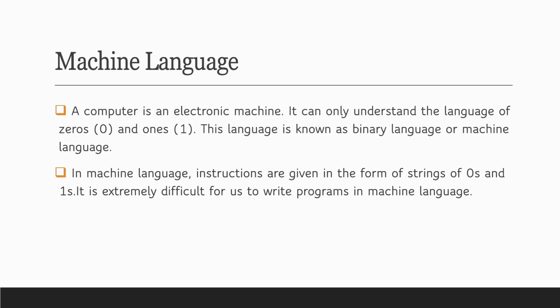Just think if you had to write a story, but you could only use two symbols, 0 and 1. Doesn't it sound tricky? That's why programmers later developed easier, more human friendly languages like assembly language, and then high level languages such as C, Java, and Python.